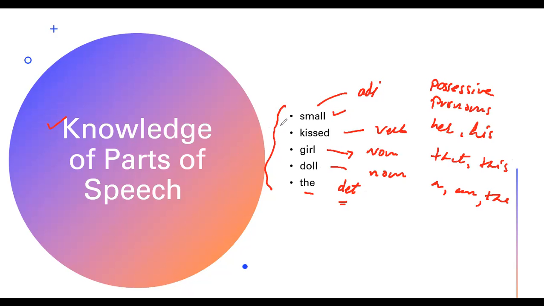Now, the next step is to think about the possible organization of these words to get a meaningful sentence. So if I say the is small, if I combine a determiner and adjective, possible, but probably not in this way, because I cannot use the small alone.